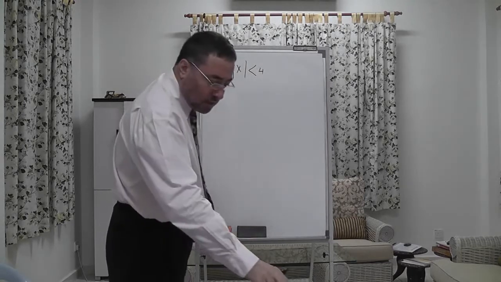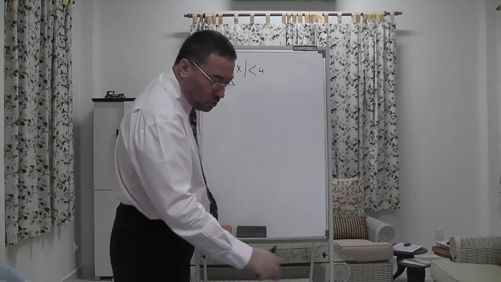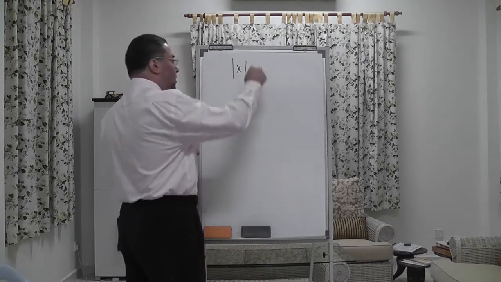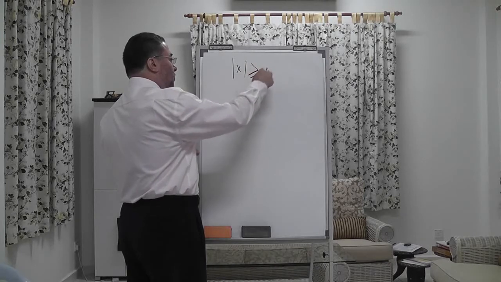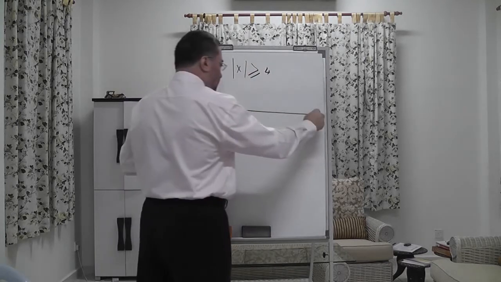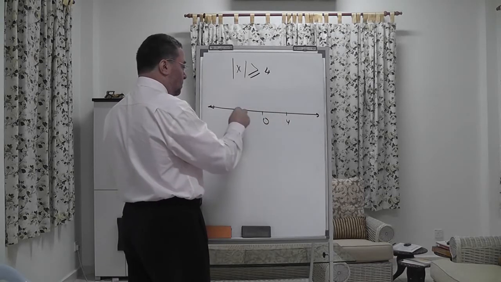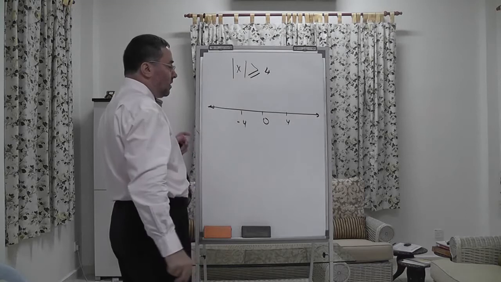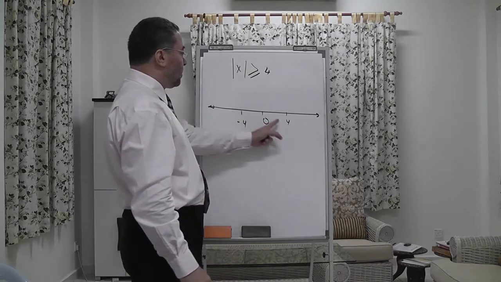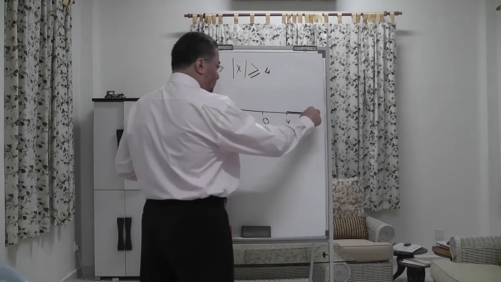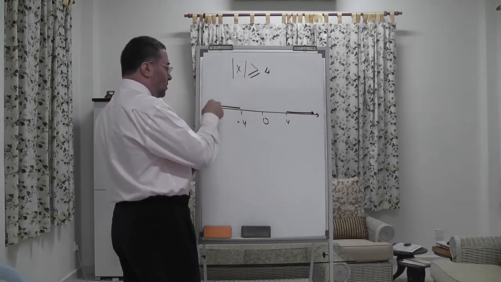Now the second exercise is number 2, and here absolute x is more than or equal to 4. The values where x is more than 4 units away from 0 would be in this region or in this region.